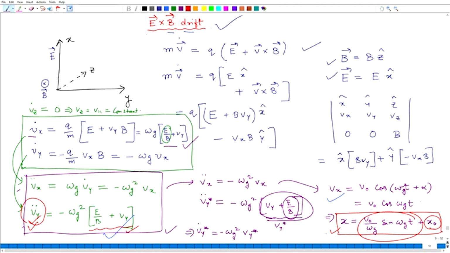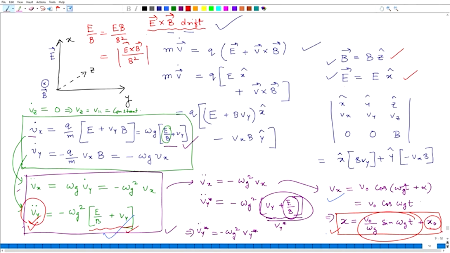Okay. Now, what is this E cross B here? So, E by B is nothing but E cross B by B square, and our construction says B is along z direction, E is along x direction. So, if we do E cross B, simply this will be x cross z, so this will be a minus. You can say that this is nothing but E cross B by B square, and the mod of that is E by B. Okay.